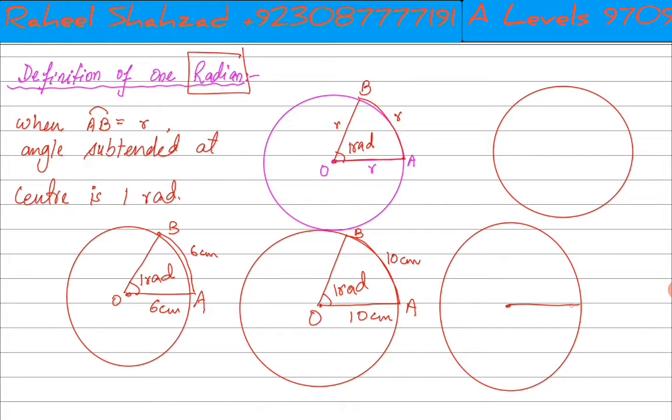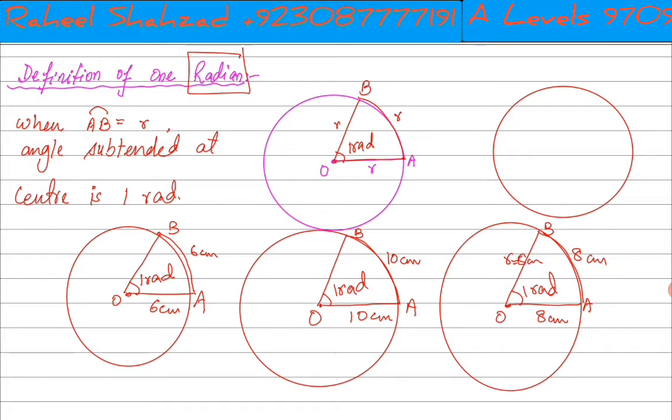Similarly, suppose we have a circle of 8 centimeter radius, and you move from A to B, 8 centimeter. At that time the angle subtended at the center is 1 radian. So the definition of 1 radian is when the arc length becomes equal to the radius.